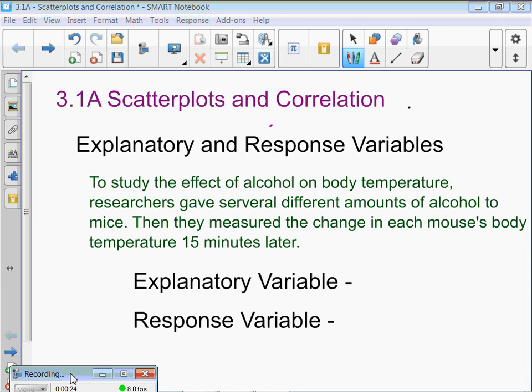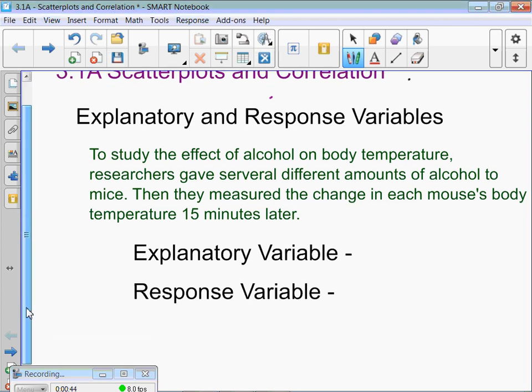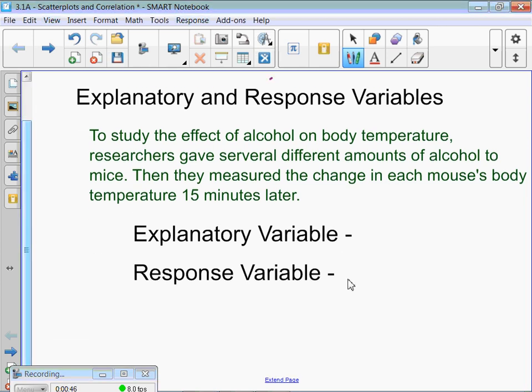So here's an example. To study the effect of alcohol on body temperature, researchers gave several different amounts of alcohol to mice. Then they measured the change in each mouse's body temperature 15 minutes later. So we have explanatory and we have response variables. So the response variable, you guys, always measures the outcome of the study.